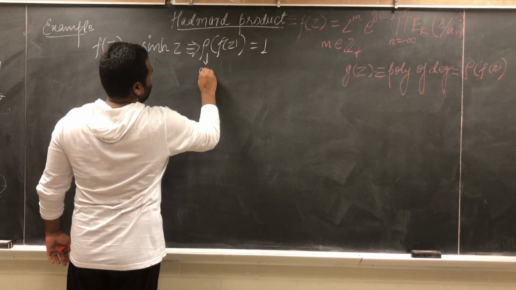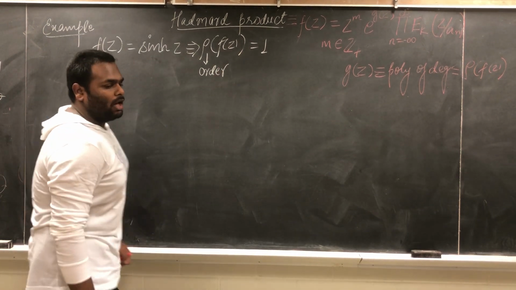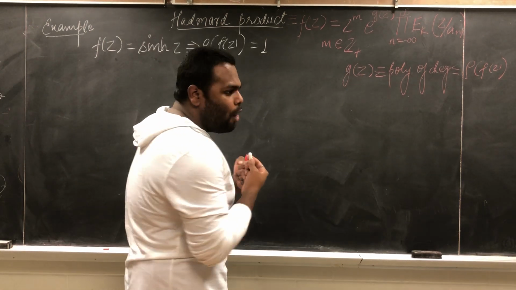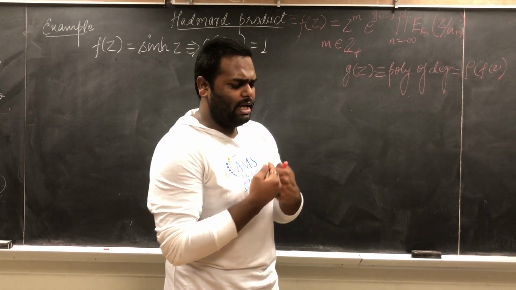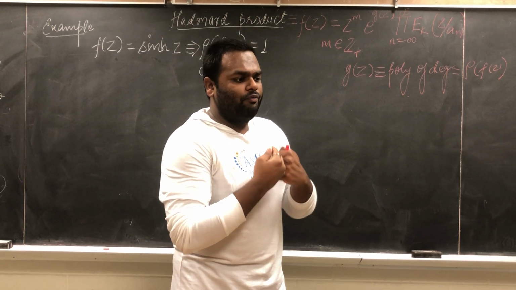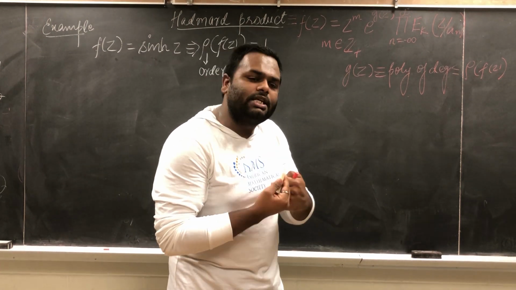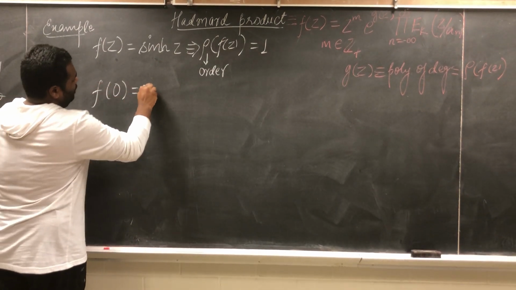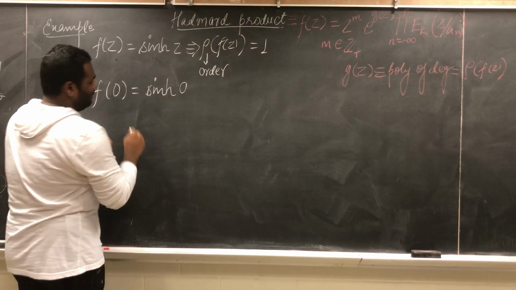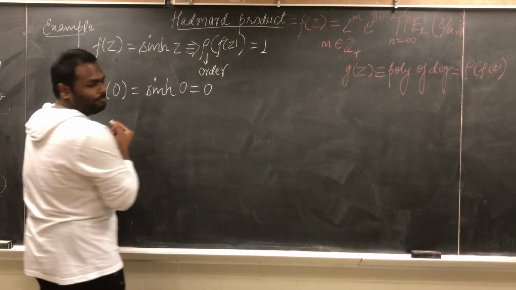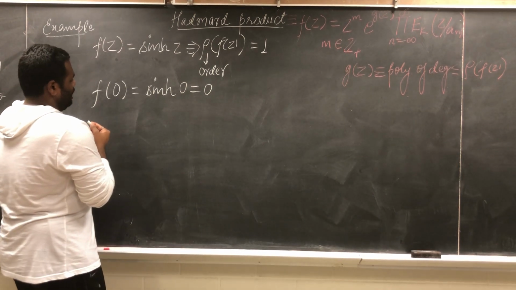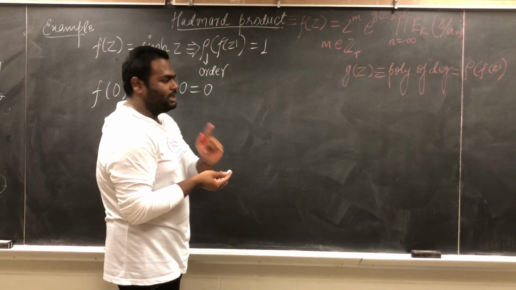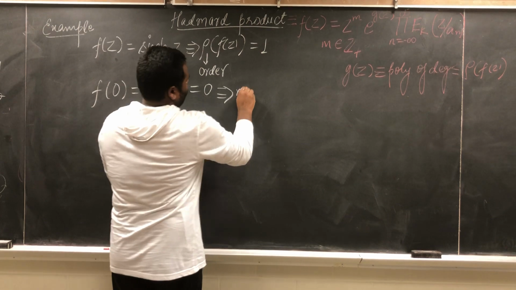Now the second step is to determine how many zero roots are present. Zero roots means that the root of the function is just 0. If I plug in 0, we get sine hyperbolic of 0, which is 0, right? So we have only one zero root. The multiplicity of the zero root is 1, therefore m is 1.